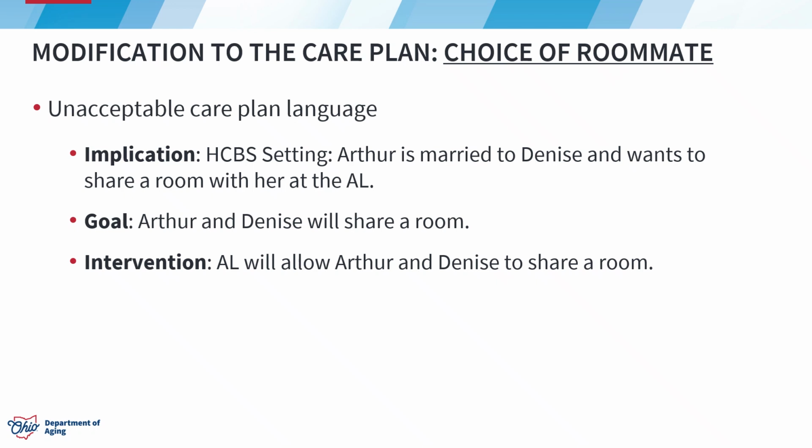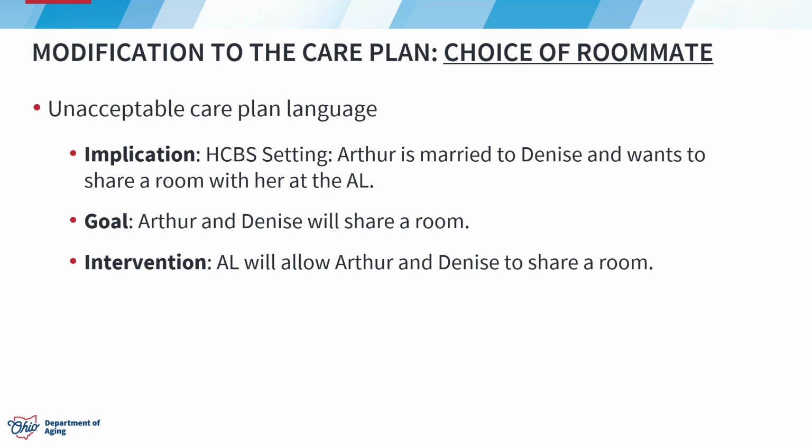It does not include information about having a specific assessed need, and by that we mean information that really supports that Arthur and Denise want to live together. It's just vague, and it does not have information about consent, or that this modification won't cause any harm.